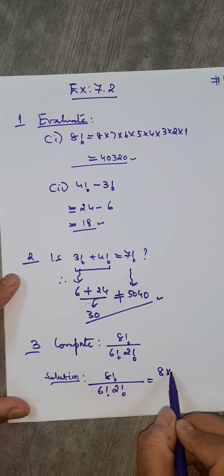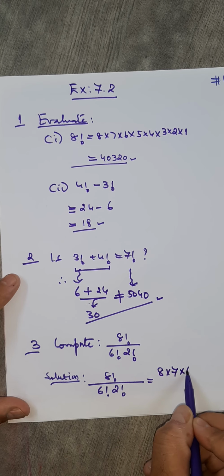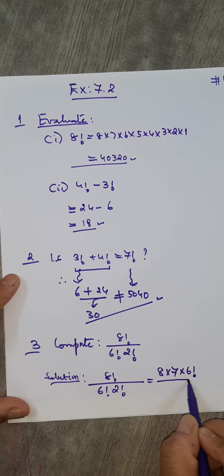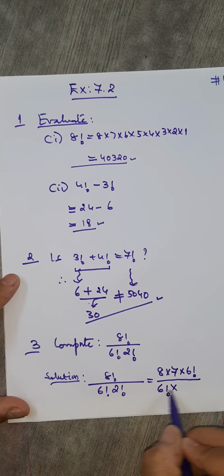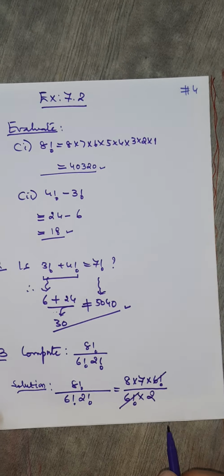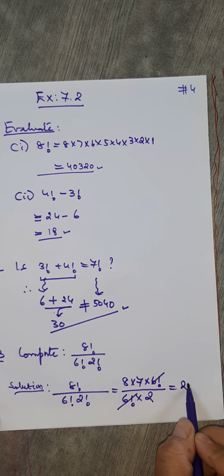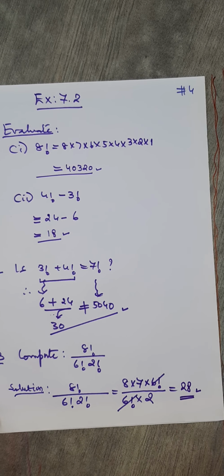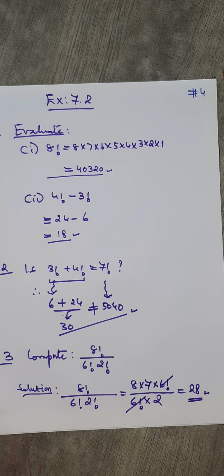So 8 into 7, now you have 6. So you stop and write the factorial, upon 6 factorial into 2 factorial, which is 2. This will get cancelled. 8 sevens are 56, by 2. So we'll get 28. Right? Okay.